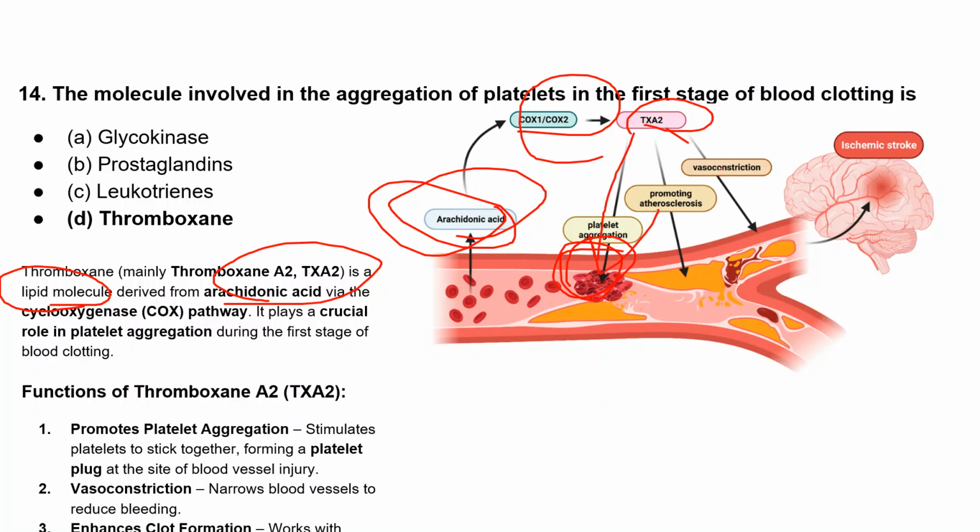Other than that, it helps in vasoconstriction and promotes arteriosclerosis during the first stage of blood clotting. So the functions of thromboxane are, first, to promote platelet aggregation, and also vasoconstriction, and to enhance clot formation, right? So that's the molecule involved: thromboxane.